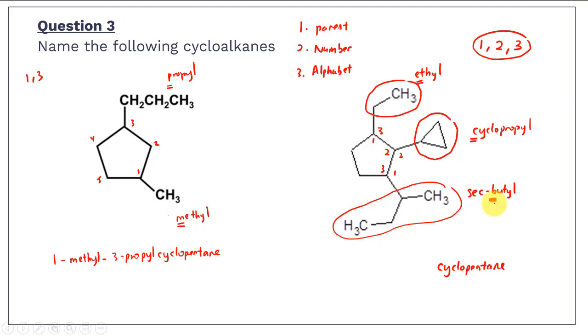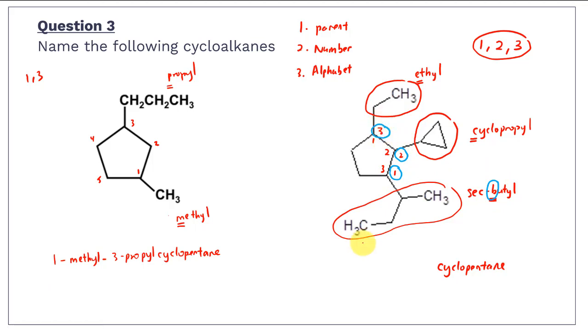So follow the alphabet. Whichever comes first will get the position. So you choose between 1, 2, 3 with E coming first, or 1, 2, 3 with B coming first. In this case, we are going to choose B to start first, with carbon 1, carbon 2, carbon 3.